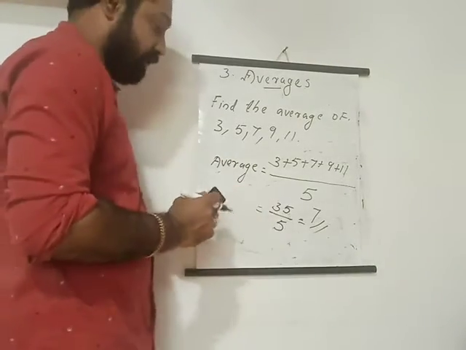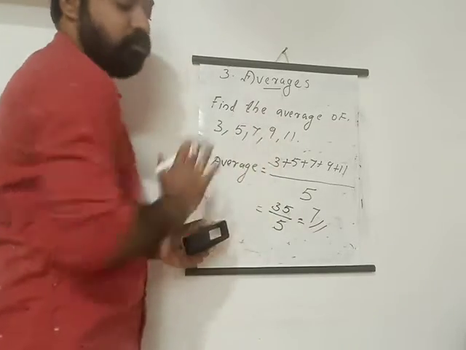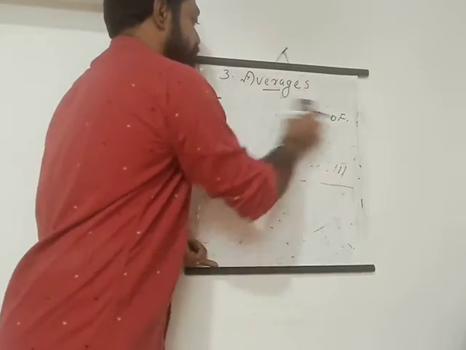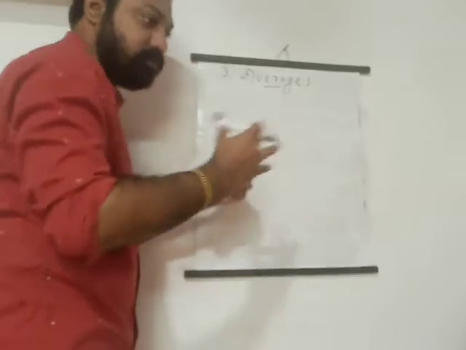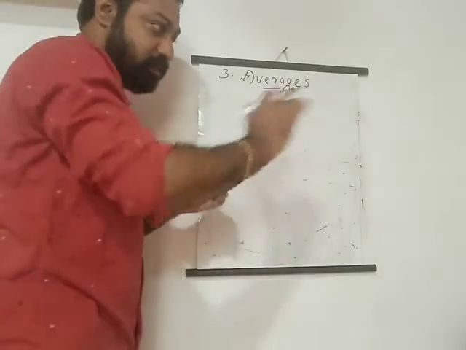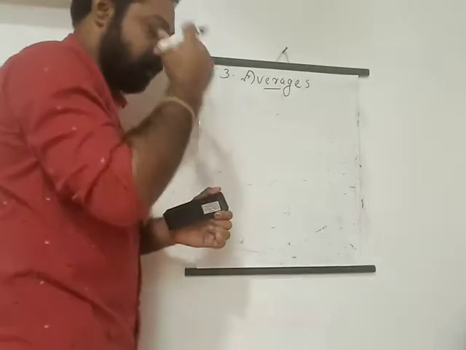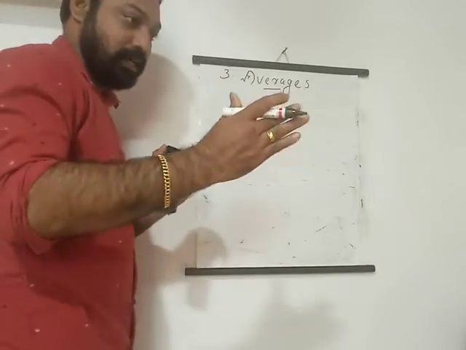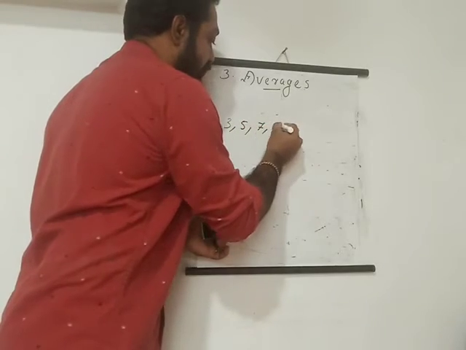So average means when we add these numbers and divide by the number of observations, we can find the average. In mathematics, the average of some quantities means approximately that way. We got 7 as the average of 3, 5, 7, 9, 11.